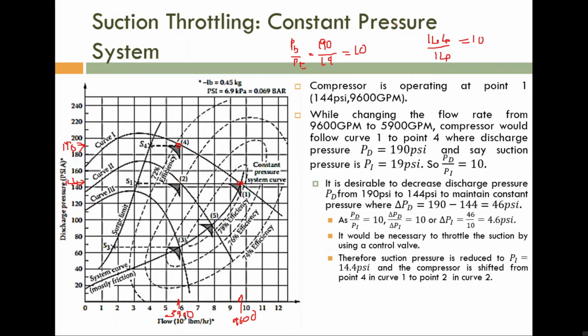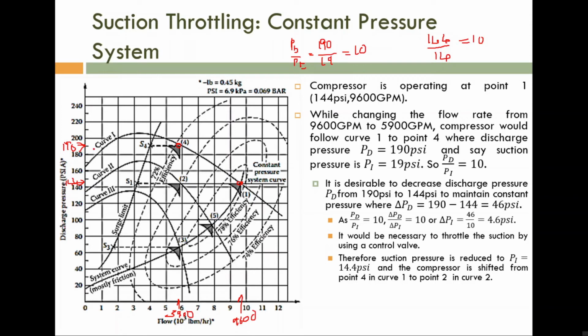So, in order to maintain the pressure at a constant value, that is 144 psi, once again I am repeating. Initially the operating point is 1. Due to the decrease in flow rate, the compressor will follow curve 1, meaning the compressor ratio will increase as flow rate decreases from 9600 to 5900 gallons per minute.